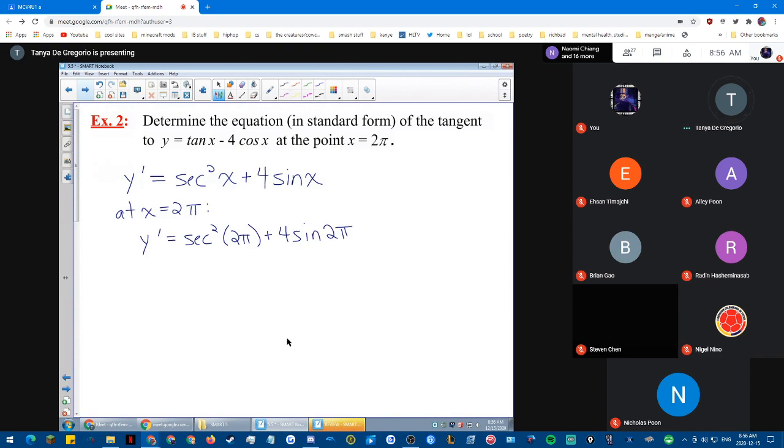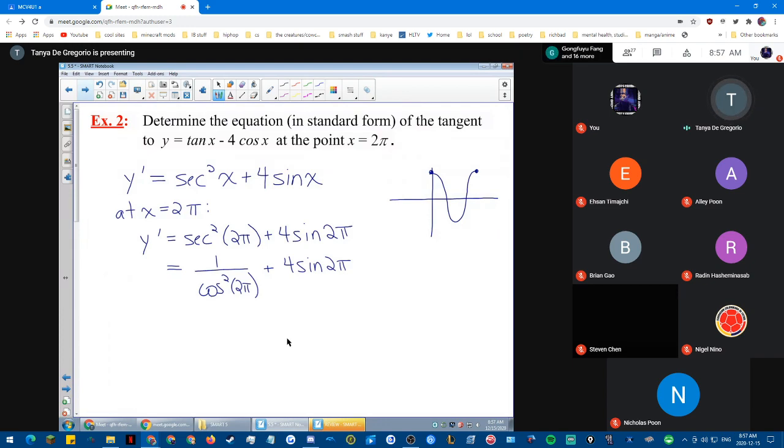All right. So we know secant squared of x is the same as 1 over cos squared of x. Okay, so now we're going to look at our graph to evaluate. Let's start with cos. When I draw cos, I know it starts at the maximum, goes down to the minimum, and then back up to the maximum again.